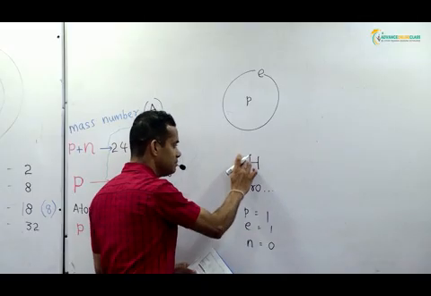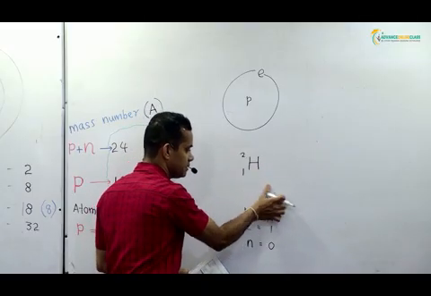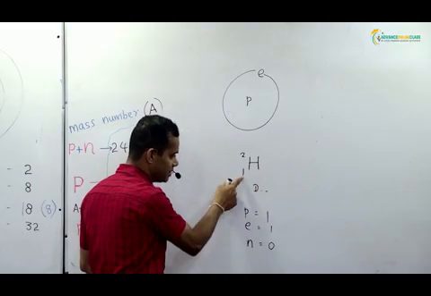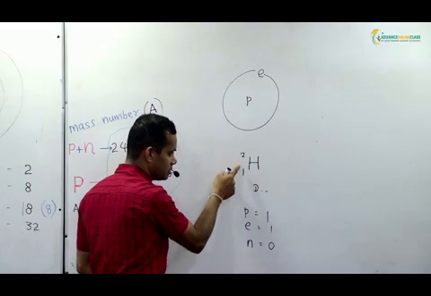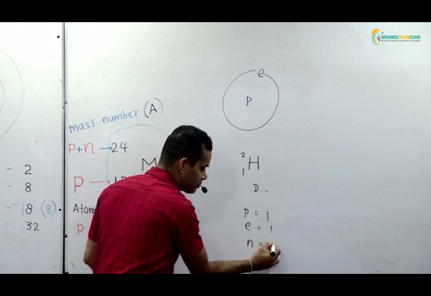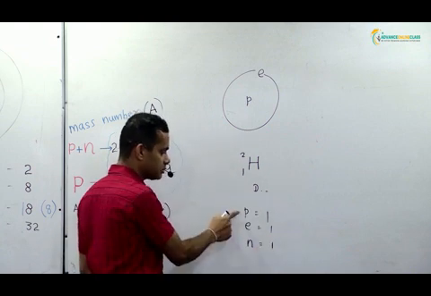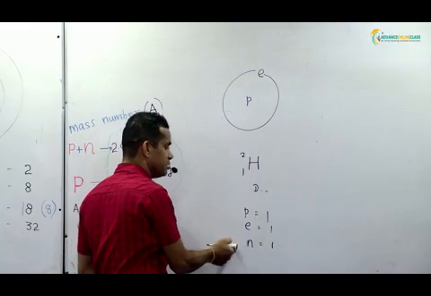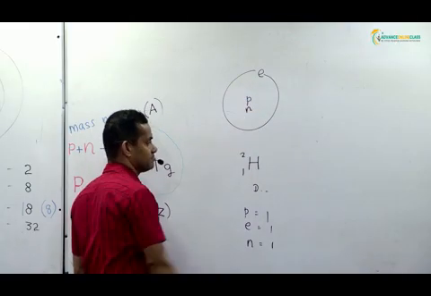Deuterium now. Deuterium is H12. Protons 1, electrons 1, neutrons 2 minus 1, 1. Therefore, in our diagram, proton 1 we write here, electron 1 there, neutron 1 this way.